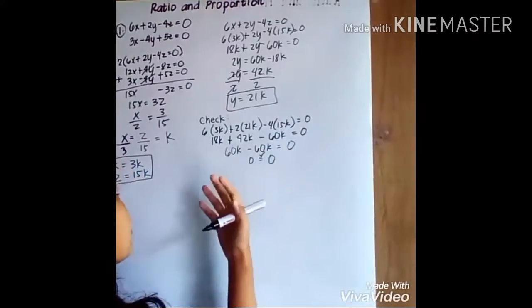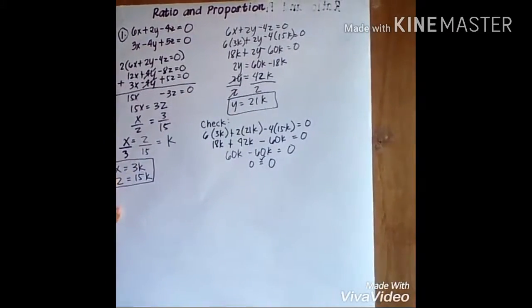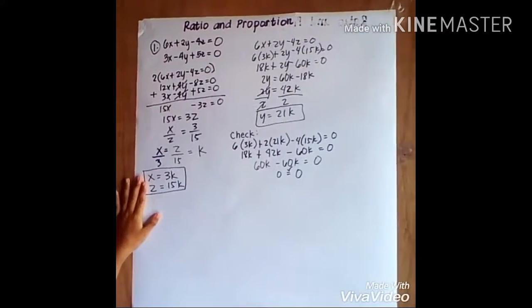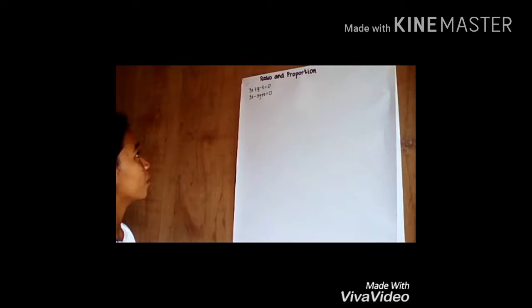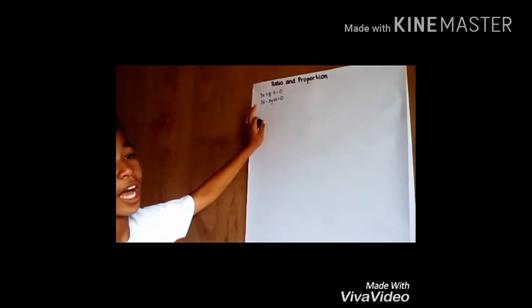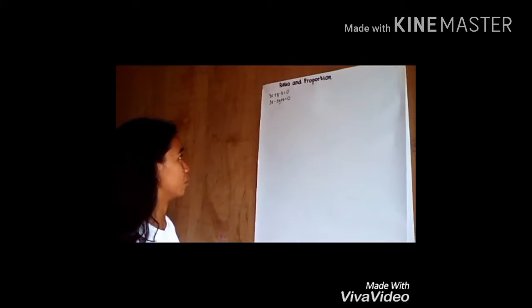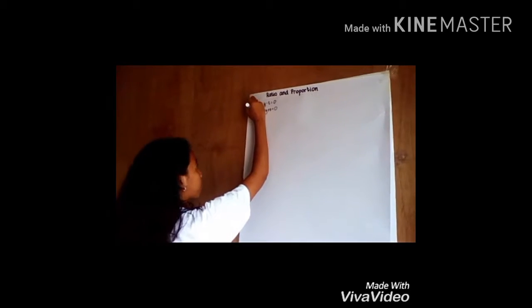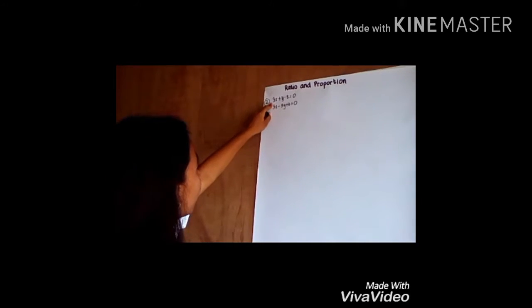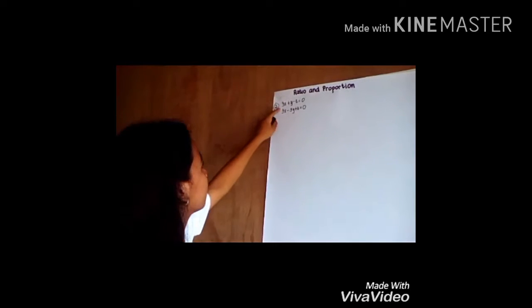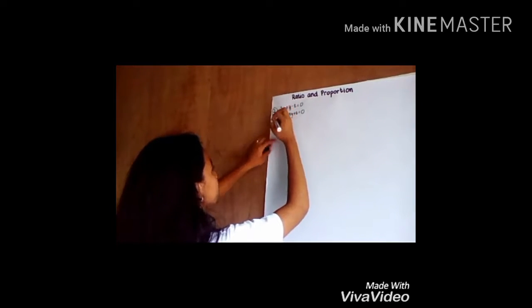So it shows that x, y, and z values are all correct. So this is another problem on how to solve ratio and proportion using property of equal ratios. So also in this problem, it is easy to eliminate y. To eliminate y, we must multiply the first equation by 5.